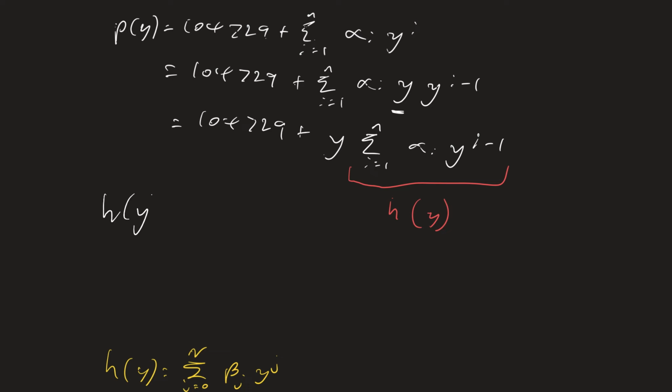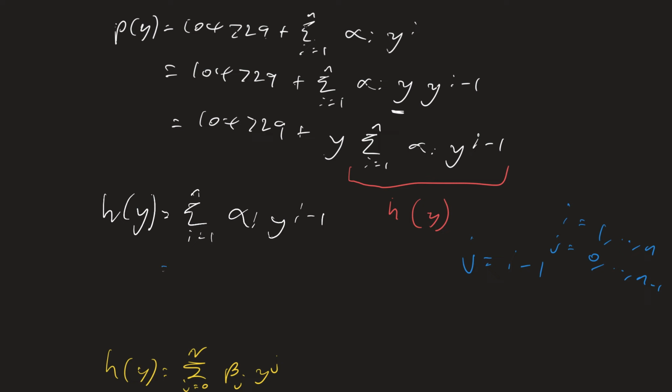Indeed, define h of y equals the sum of i equals 1 to little n of alpha i y to the i minus 1. We want to transform this i minus 1 into a j. So we make the substitution j equals i minus 1. Now if i goes from 1 to n, then j is going to go from 0 to little n minus 1.